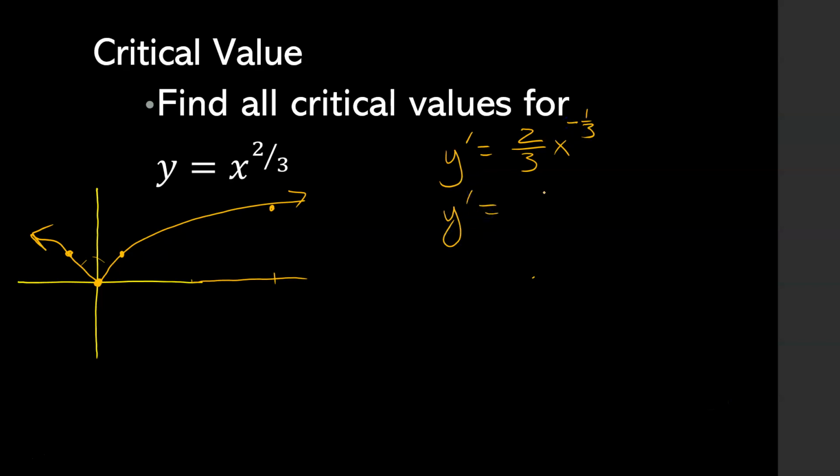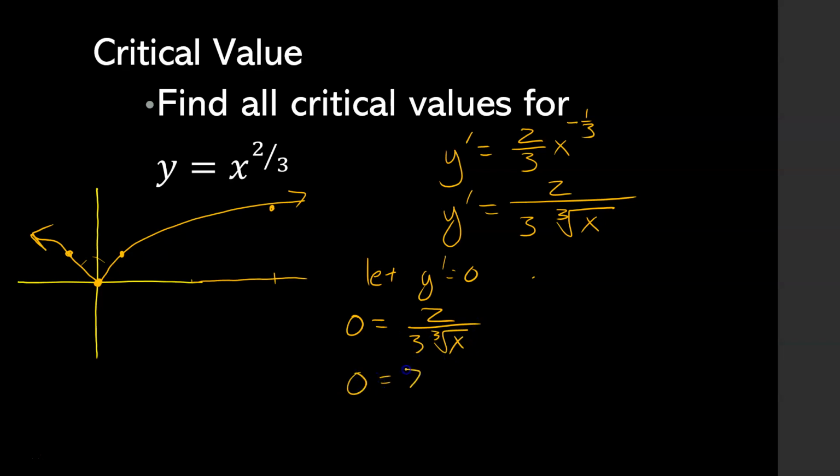Y prime is 2 over 3 times the cube root of x. So let's let y prime equal 0. And 0 equals 2. Okay, that's not true, which means y equals x to the 2/3 power has no horizontal tangents, since the derivative of y is never equal to 0.